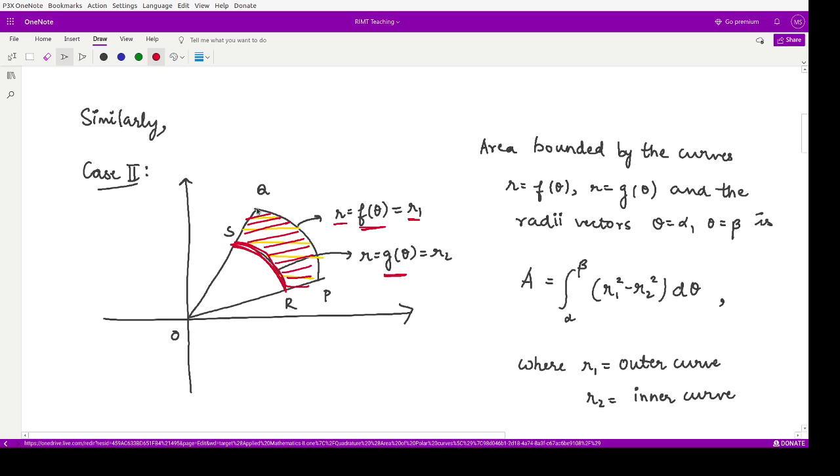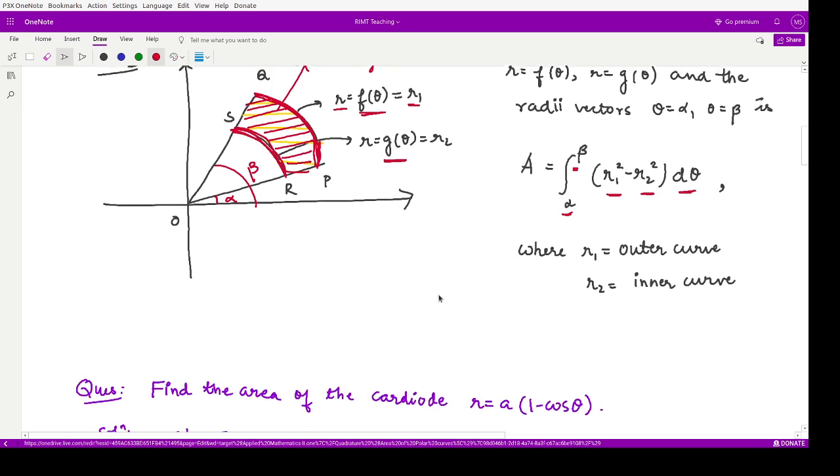So what is the area between these two curves? That is given by this annular region. So this is known as annular region. The area here is calculated by r1 square minus r2 square into d theta, and here also the angle varies from alpha to beta. This would be angle alpha, and this would be the angle beta. So this is the formula, right?